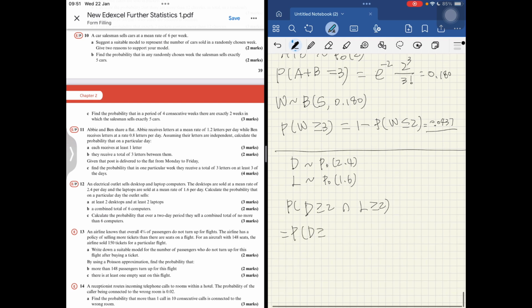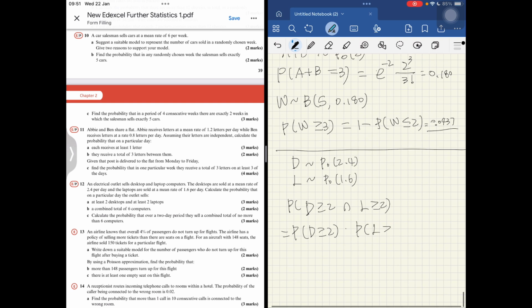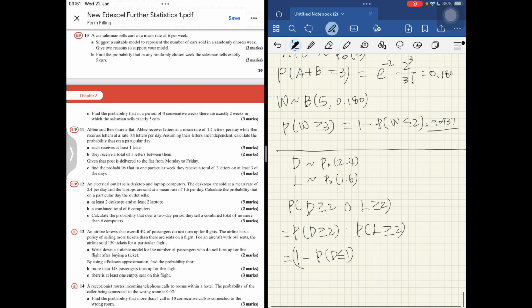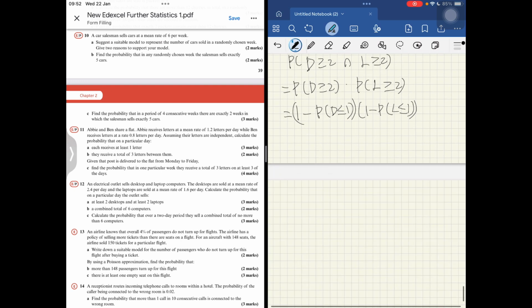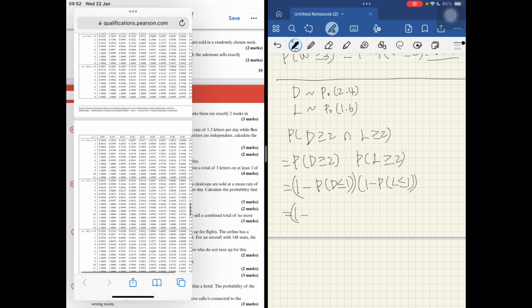Since I assume that they are independent, we can multiply them to find the intersection. So 1 minus probability D smaller than or equal to 1, times 1 minus probability L smaller than or equal to 1.